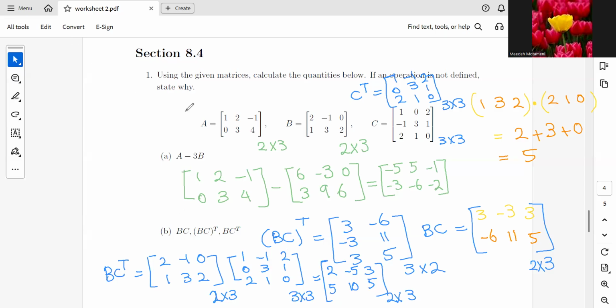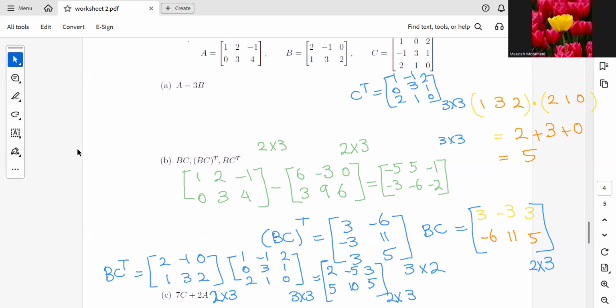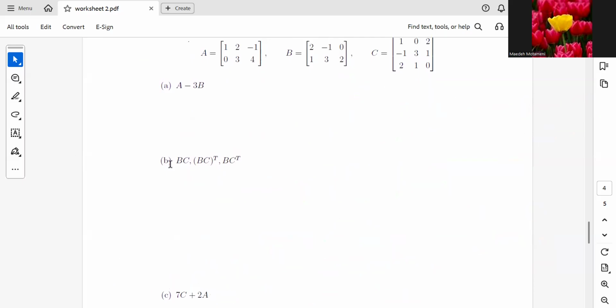Next part is finding 7C plus 2A. First of all, the question is, can we add them together? Let's check the sizes. C here is of the size 3 by 3.